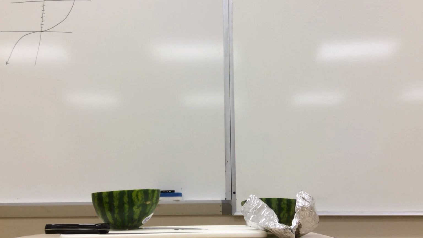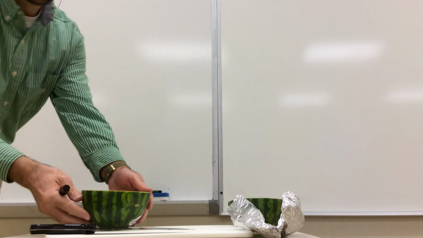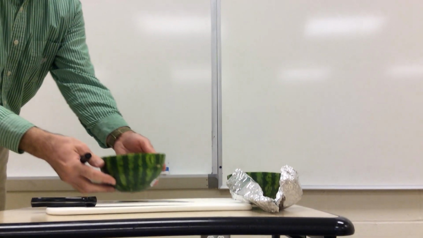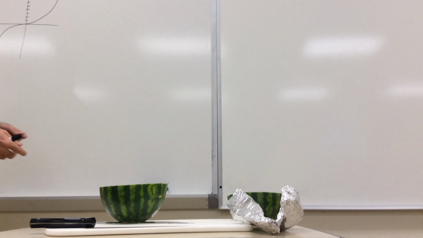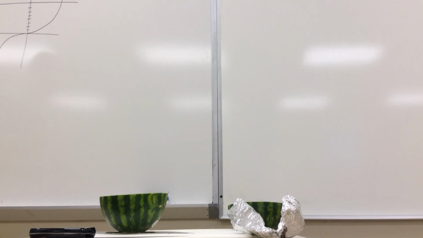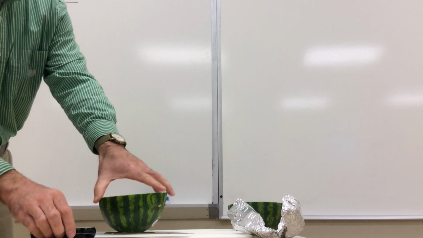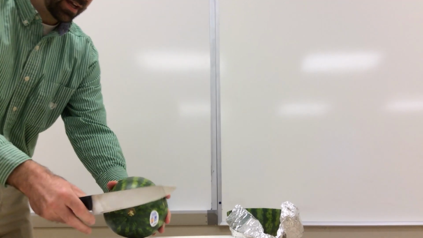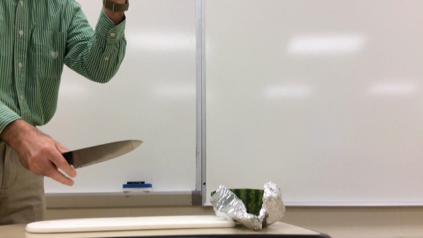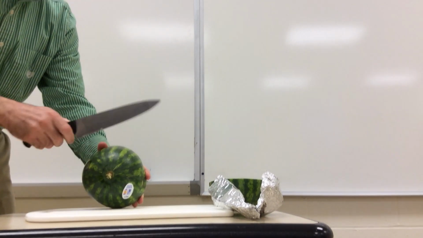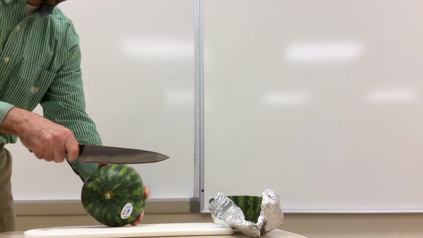So what do I got to do next? I got to find the volume of that thing. Somehow I got to find the volume of this, right? Okay, so what I'm going to do is I'm going to slice it again. So I have to find the volume of this entire thing. But instead of finding the volume of the entire thing, I'm just going to slice it up.